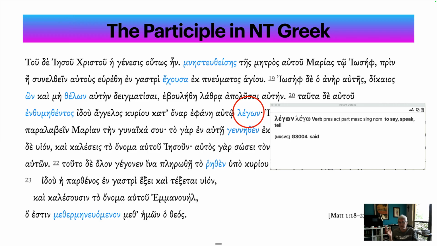We're being told it's a verb, it's present tense, it's active voice, it's participle, and it's masculine singular nominative. And its general meaning is to say or to speak. So again, we've got to translate that into English that's going to work for us in the translation that picks up all the details. So the NRSV has used said. For our initial translation, I'd be suggesting we say saying. Okay, saying.